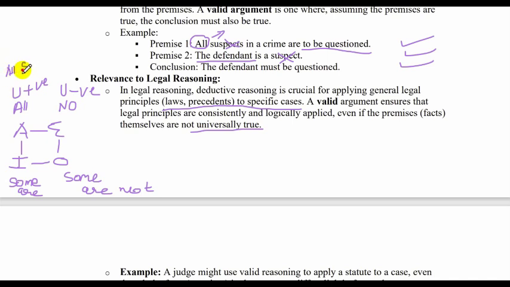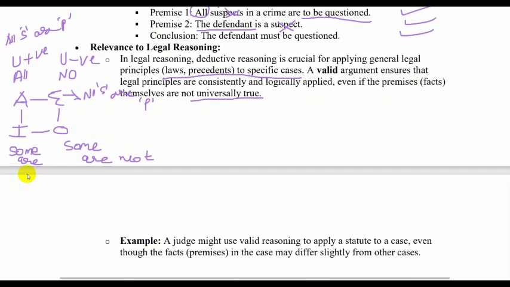A states all S are P. E states no S are P. I states some S are P, whereas O states some S are not P.